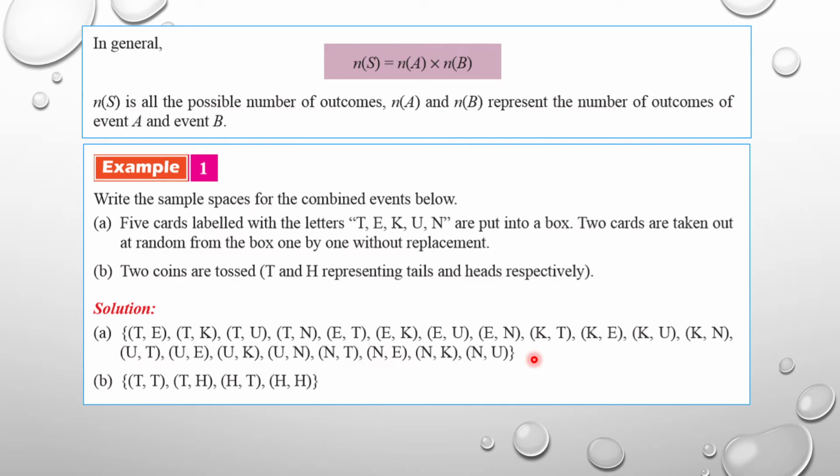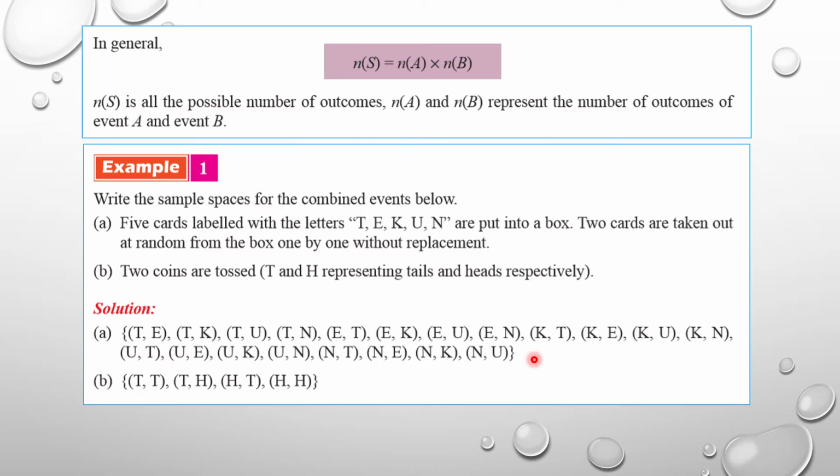So 5 times 4, you will get 20. Or another way of getting the number of outcomes for the sample space, you can use permutation, that is 5 permuted 2, which you will get 20.